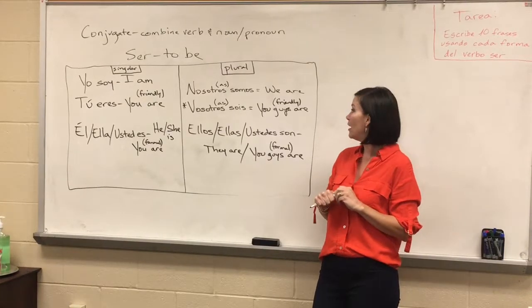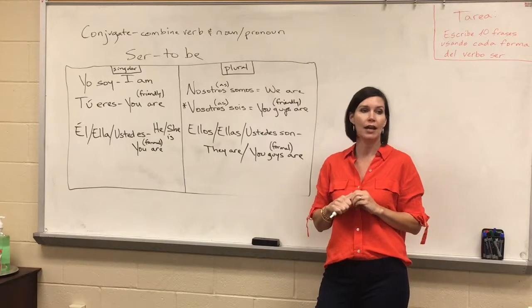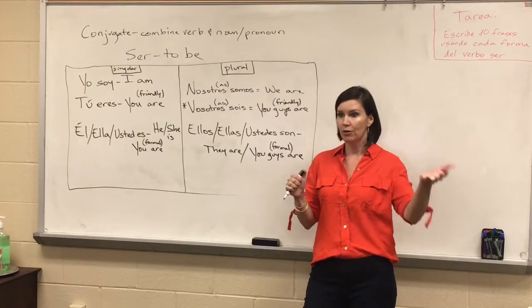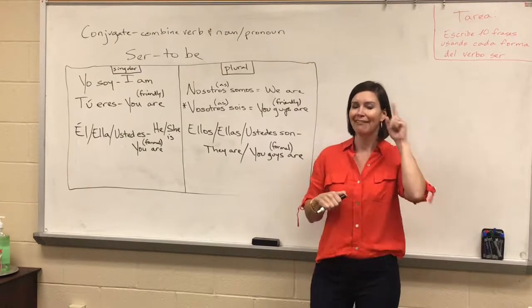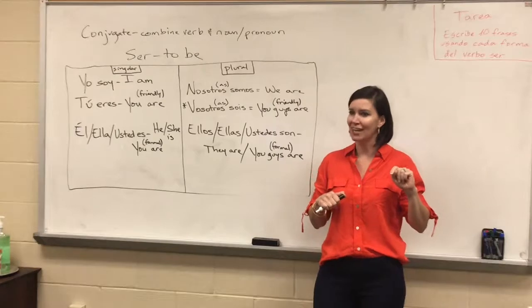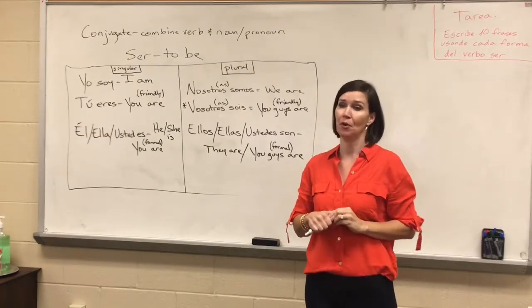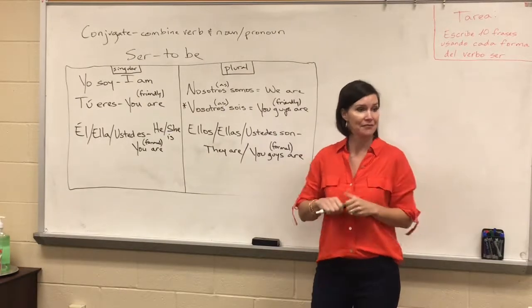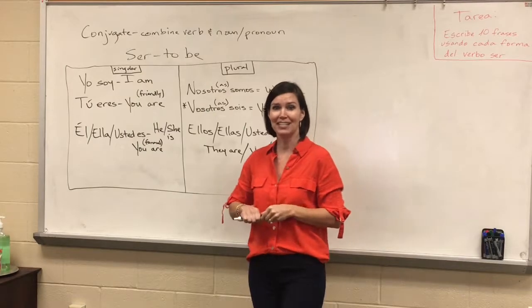Also, if you were listening or watching a movie that originated in Spain and they said vosotros, you'd be like, what are they talking about? And then you'd be like, oh, Señora Stults told me this. I know about vosotros. Okay, so that's why we're not just like, oh, most people don't use it, because they do use it in Spain. Okay? All right, any preguntas? Okay, Margarita, if you could turn that off. Gracias. Okay.